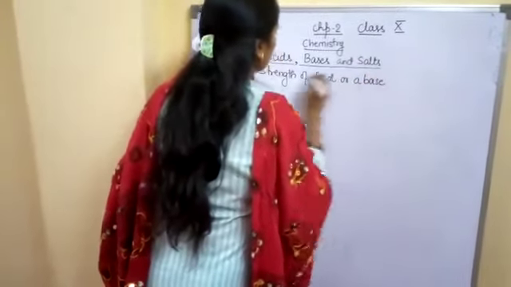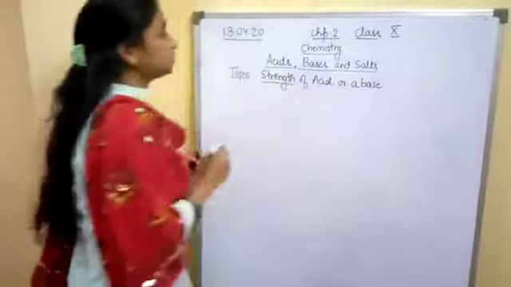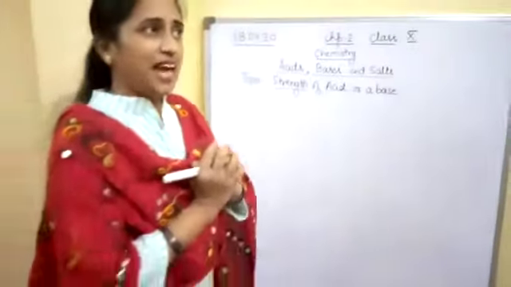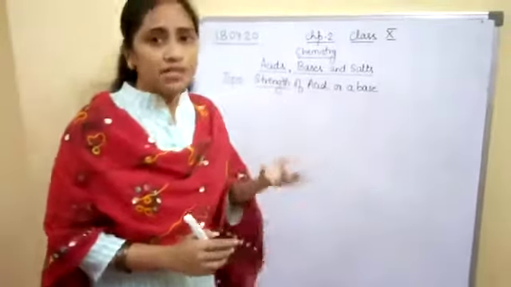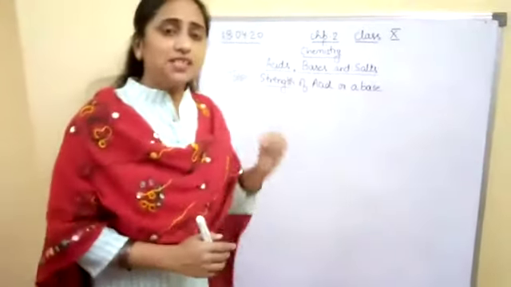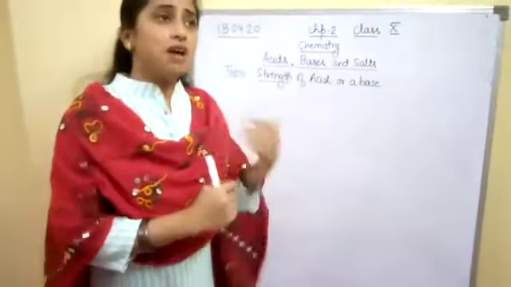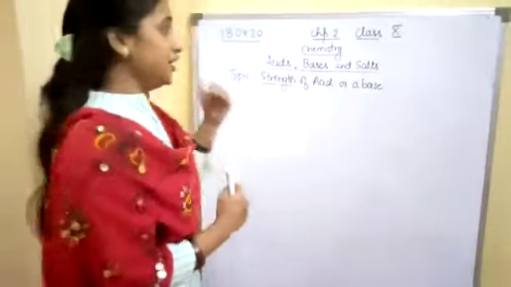So, what do you mean by the term strength? The strength of an acid, whether the acid is strong or weak, or whether the base is strong or weak, depends upon how much hydrogen ion it produces.